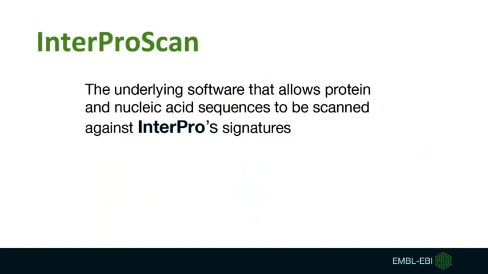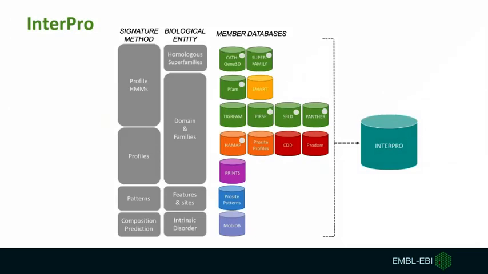Behind InterPro, we have the software that you can use if you have a set of sequences that you would like to have functional annotations for. What InterProScan does basically is that it looks at each and every member database that is in InterPro, and it creates an analysis workflow.